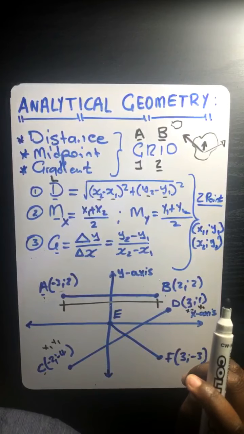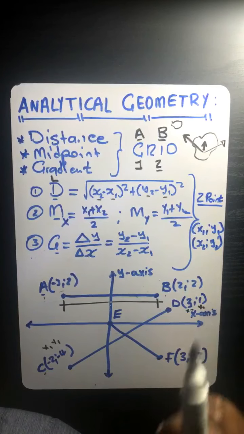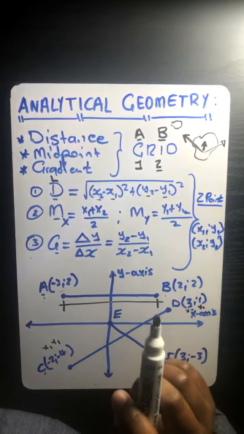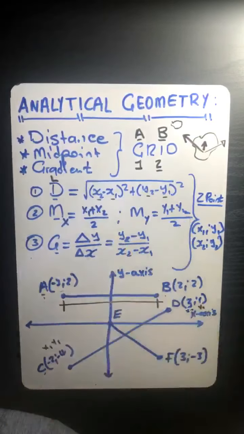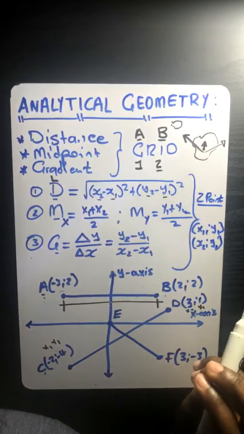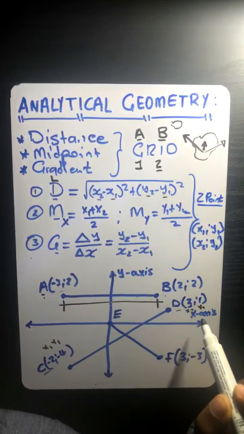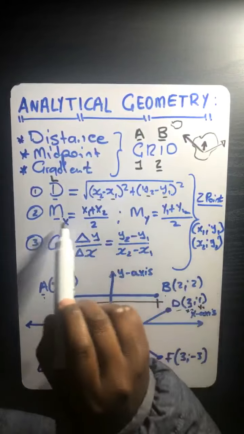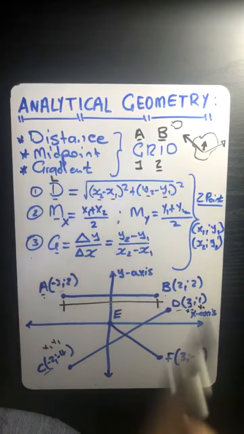So the gradient of CD and the distance of CD is what they would say determine. Okay, ask yourself this question. If they want the gradient, do I have the 2 points or the 2 coordinates? Let's check. We're talking about CD. There's C, there's D. So, ladies and gentlemen, when they say the midpoint, first ask yourself this question: do I have the coordinates of those 2 points?